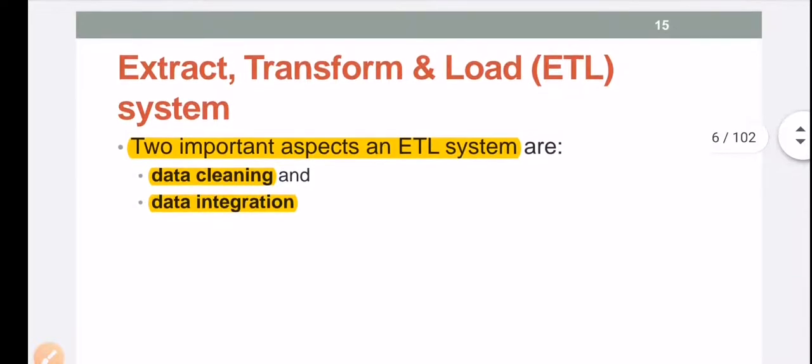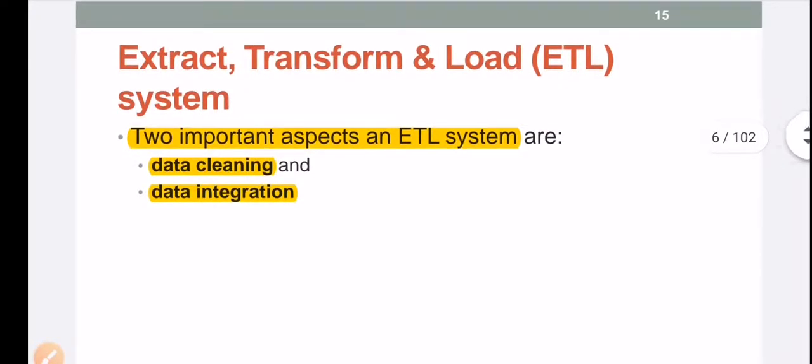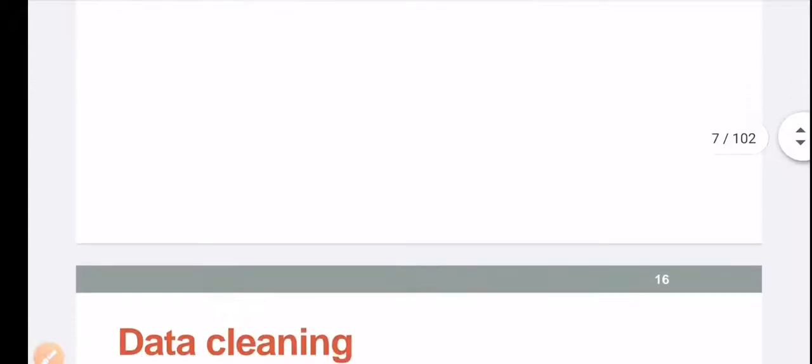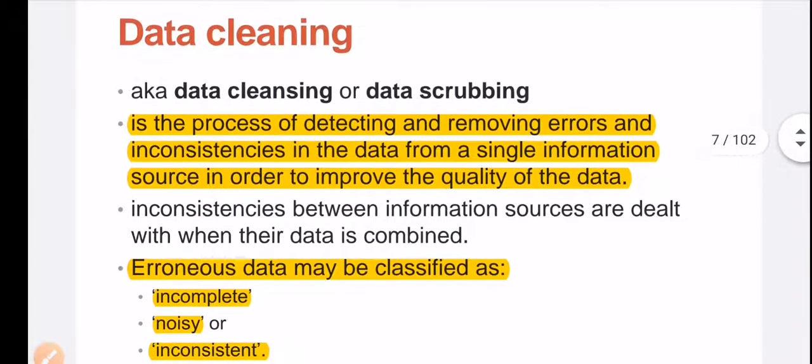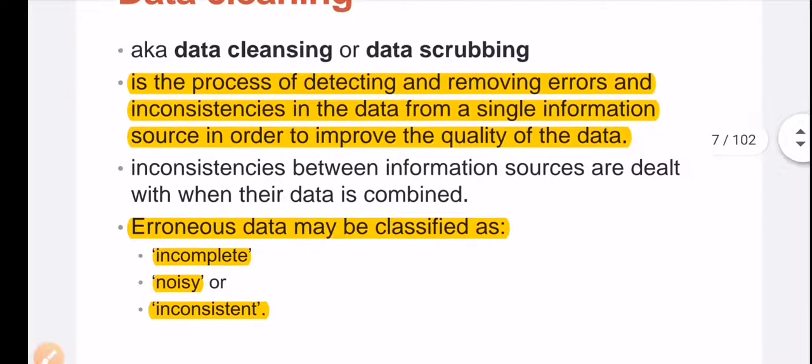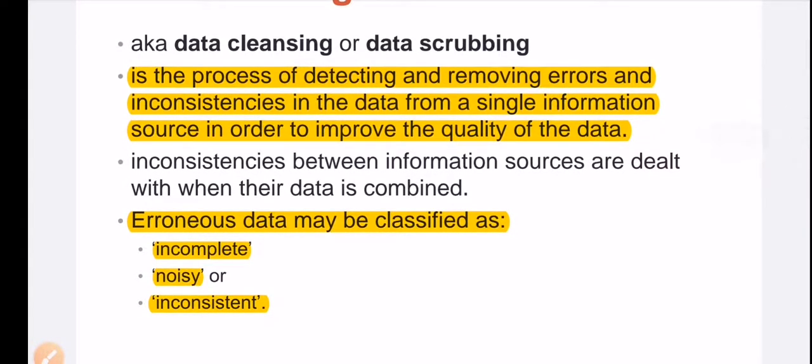Two important aspects of the ETL system are data cleaning and data integration. We talked about data cleaning before. So we need to find the errors, and then to overcome these errors. Errors could be incomplete data, which we called missing data before, or noisy, inconsistent data.